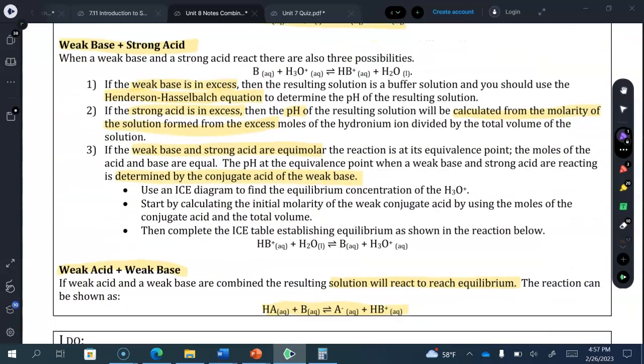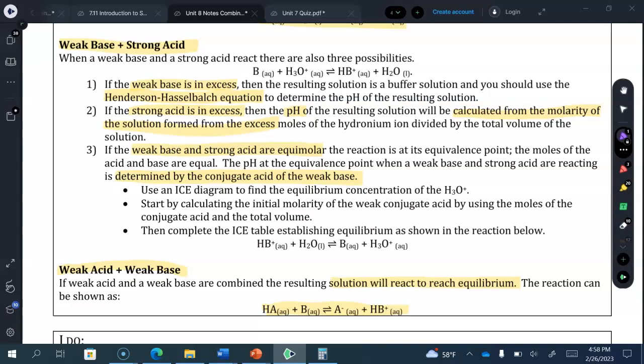For a weak base and a strong acid, it's a similar process to a weak acid and strong base. If the weak base is in excess, you use the Henderson-Hasselbalch equation. If the strong acid is in excess, then the pH of the resulting solution is determined by calculating the molarity of the excess moles of the strong acid or hydronium ion.